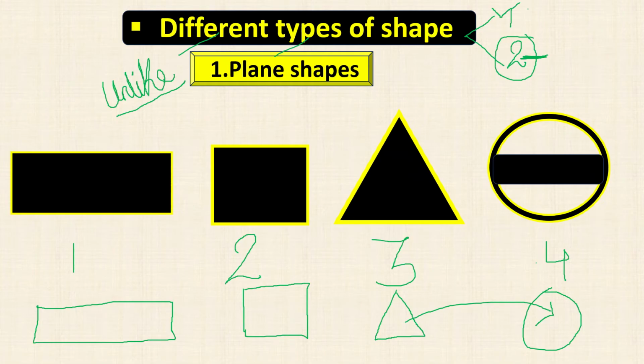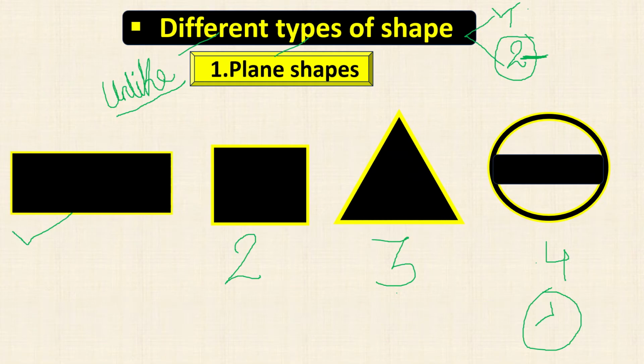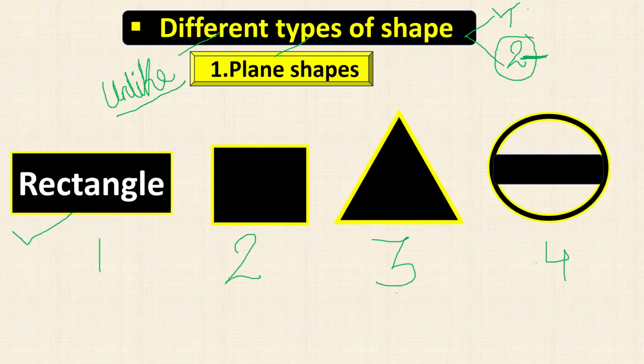The first part is a plane shape. First of all, just erase all that we wrote here. So first one is our rectangle.